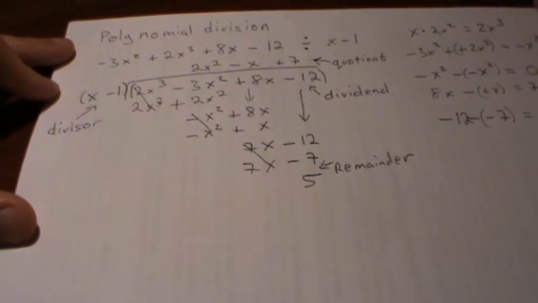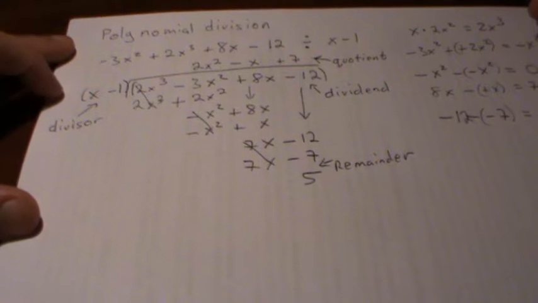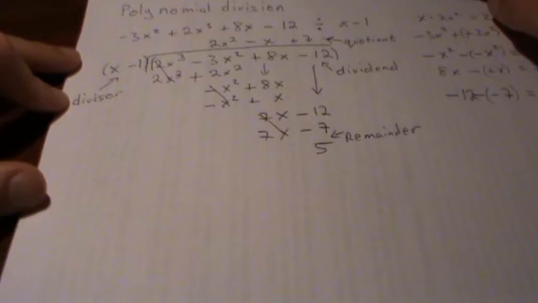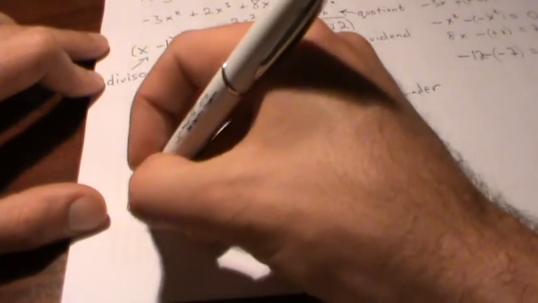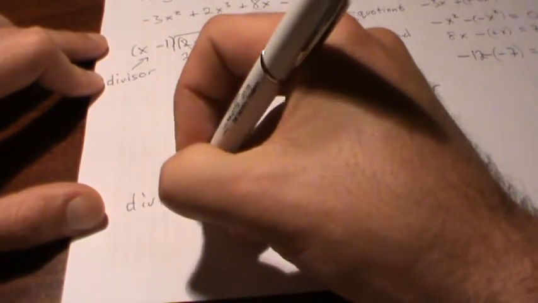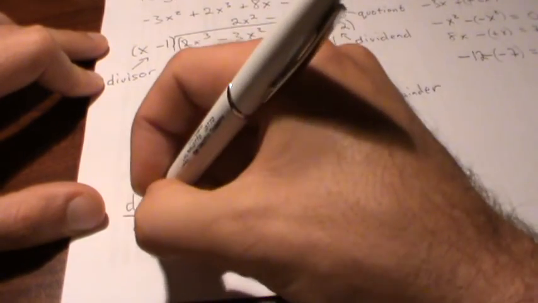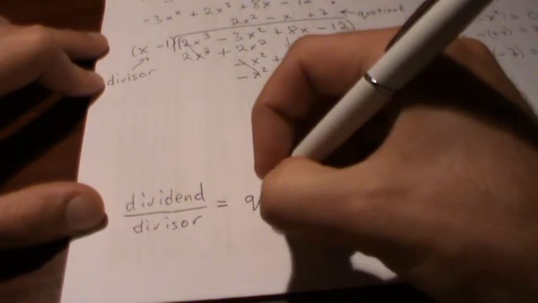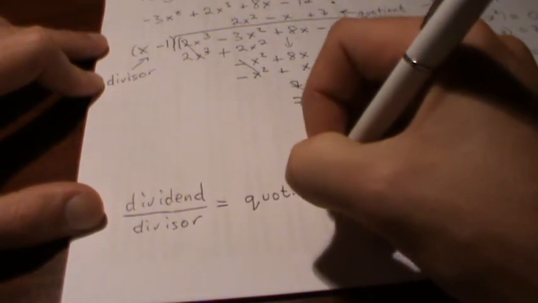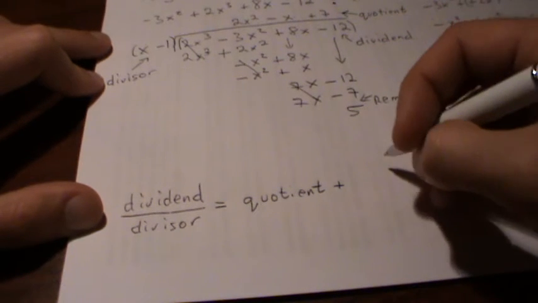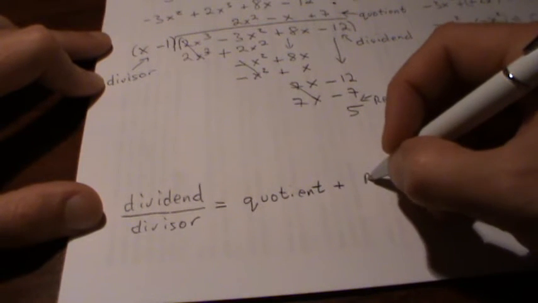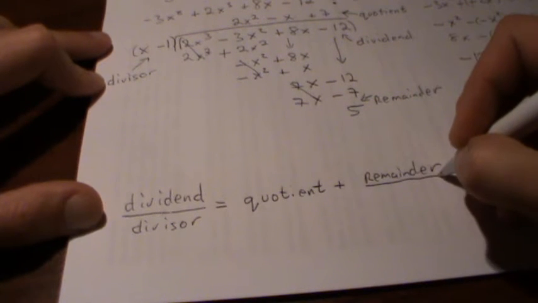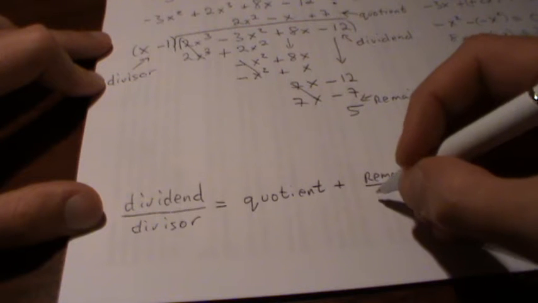Okay, and so in the end you can present your answer like this: the dividend divided by the divisor is equal to the quotient plus the remainder divided by the divisor.